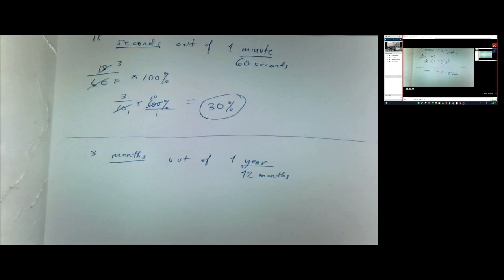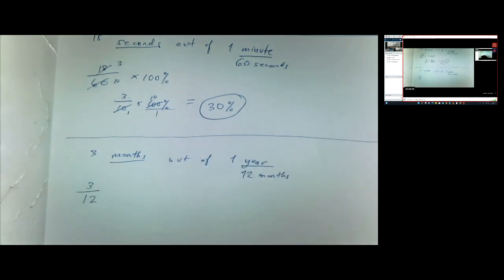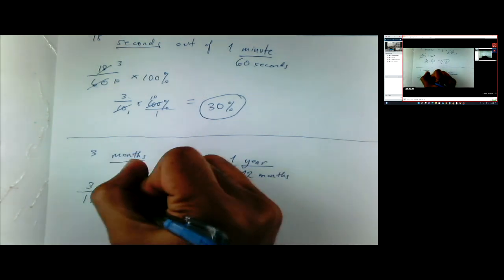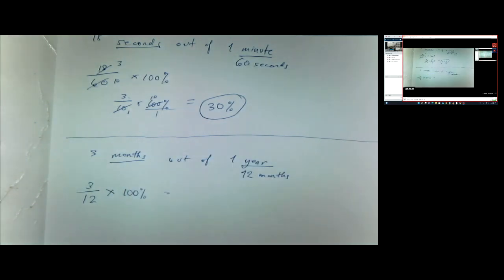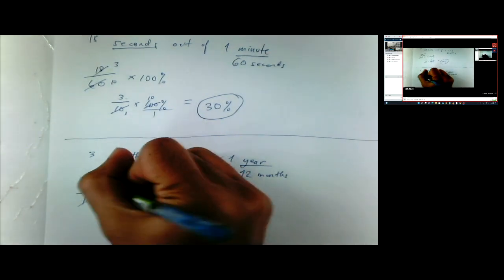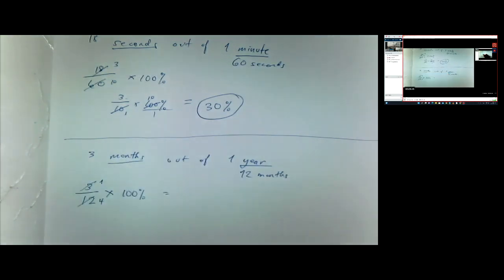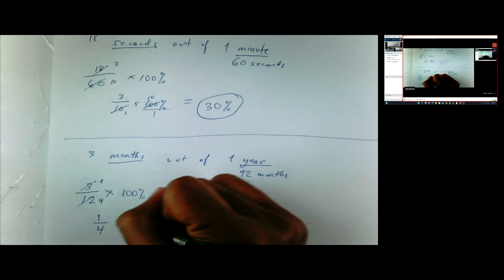And so if we're going to write this in ratio form, we will have 3 over 12. And since we want to get the percentage, multiply it by 100%. Now, we can simplify 3 and 12, right? We can divide by 3 over 3. So this will be 1, this will be 4. And so you will have 1 over 4 times 100%.